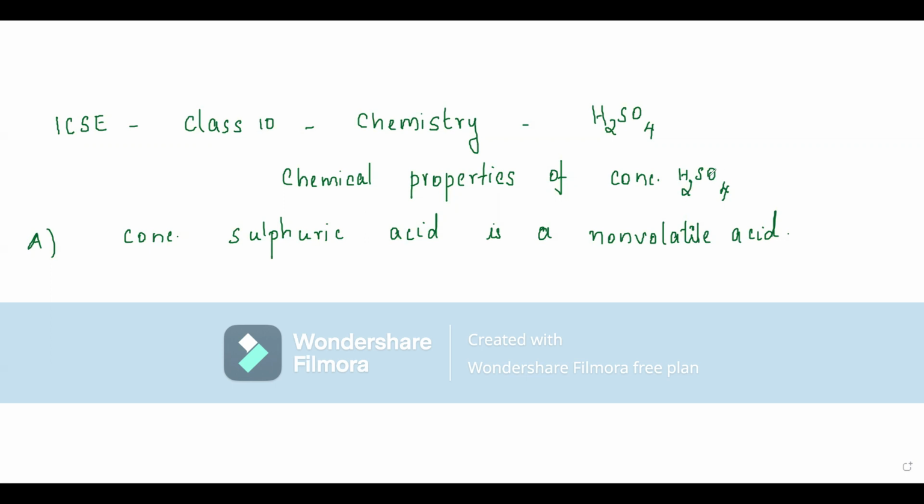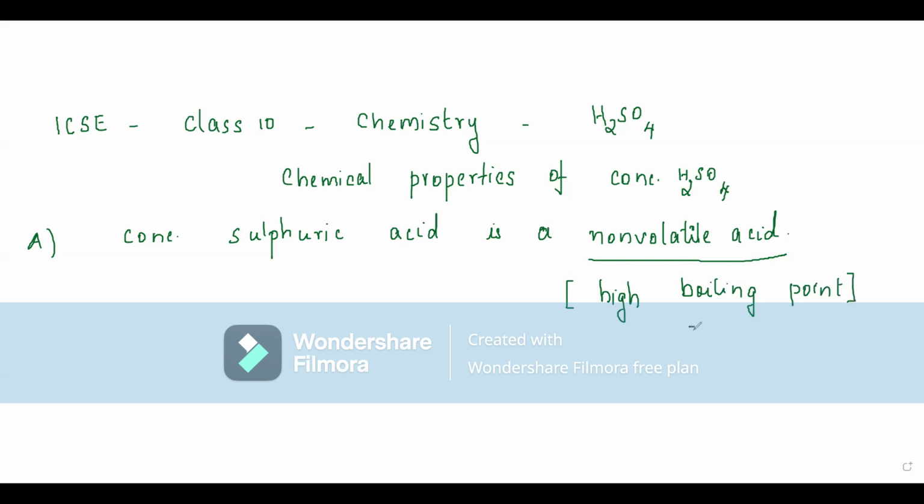Mainly, three properties we need to discuss here. One among that is concentrated sulphuric acid is a non-volatile acid. First of all, let us know the meaning of the word non-volatile acid. It means sulphuric acid has a very high boiling point.